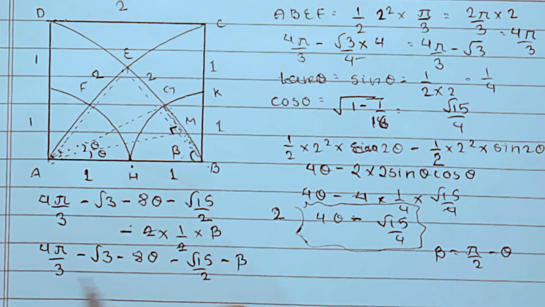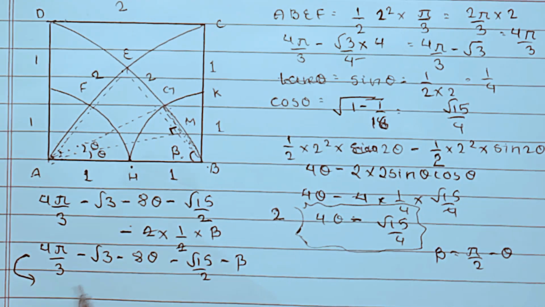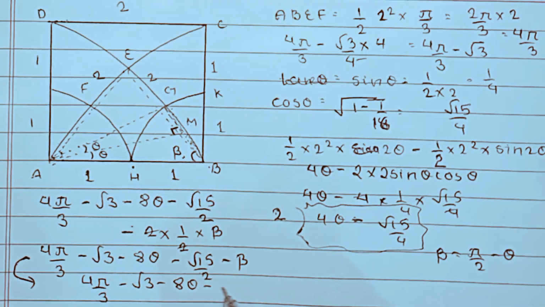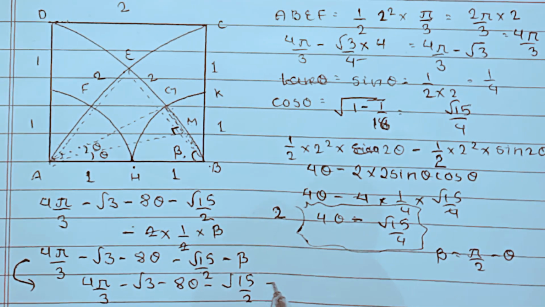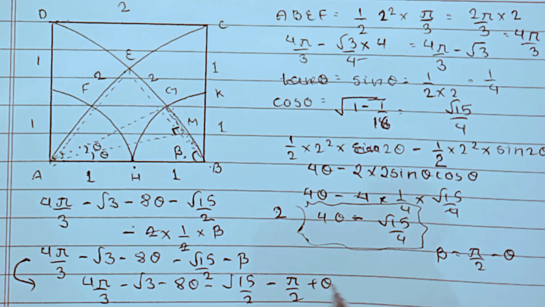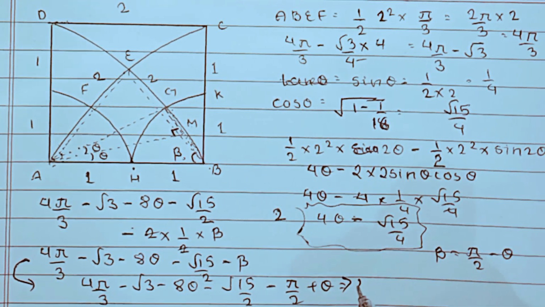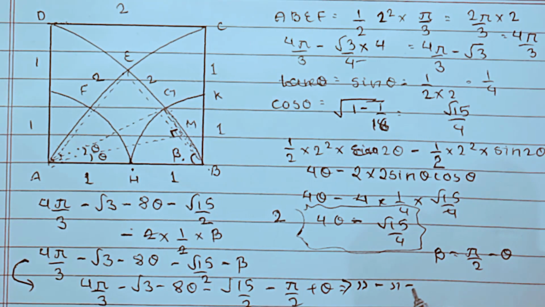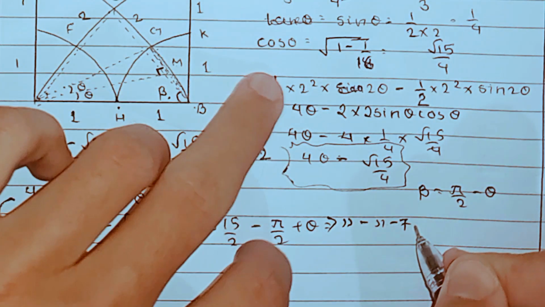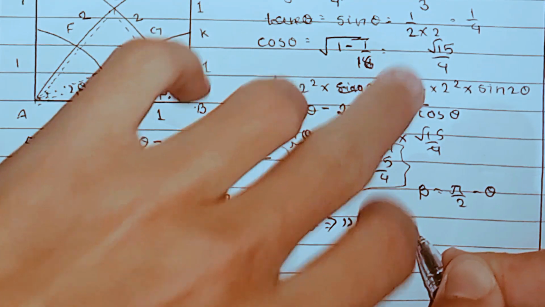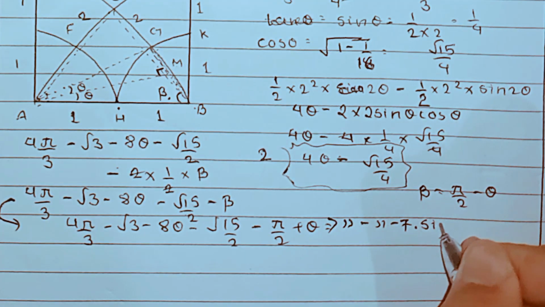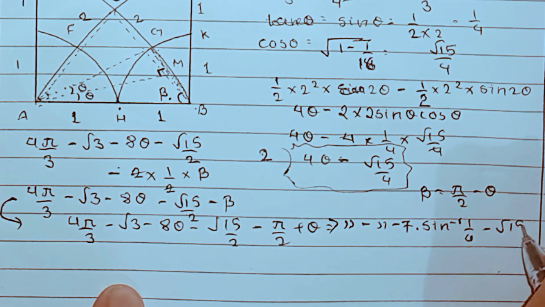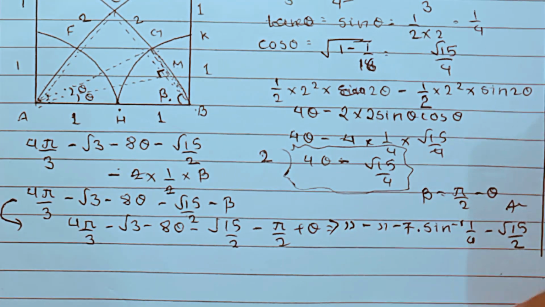So we can write this area as 4 pi by 3 minus root 3 minus 8 theta minus 15 by 2, negative of pi by 2 plus theta. So we'll get 4 pi by 3 minus root 3 minus 8 theta plus theta, is minus 7 theta, but theta can be written as sine inverse 1 by 4, and finally minus 15 root 15 by 2, which is the required area of the question.